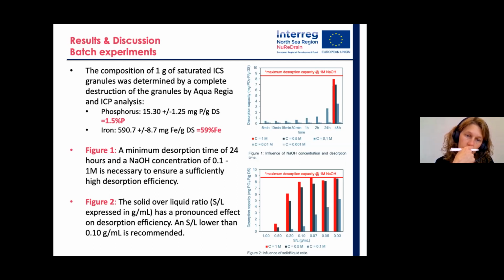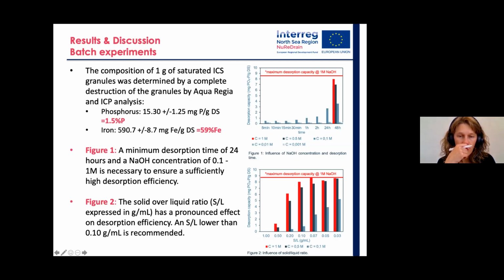So with this in mind, we did a second experiment, and in the second experiment, we varied the solid and liquid ratio, and you can see from the second figure that we need a minimum solid liquid ratio of about 0.1 grams of granules per milliliter of sodium hydroxide.